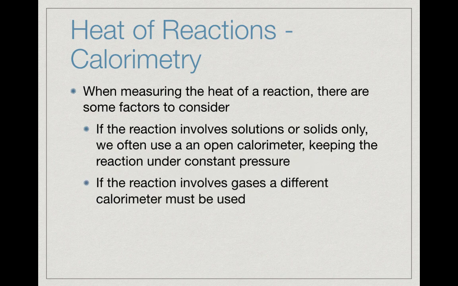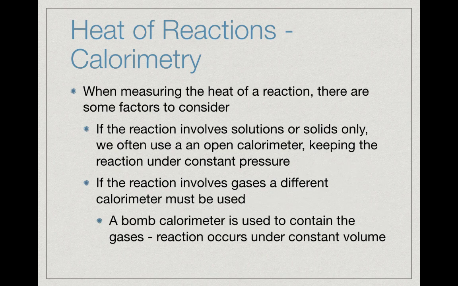If, however, the reaction involves the evolution of gases, we've got to use a different type of calorimeter in that measurement. We need to use something that is called a bomb calorimeter. That is a calorimeter that is sealed, and so it's used to contain the gases and all of their energy, and so that reaction occurs under constant volume.